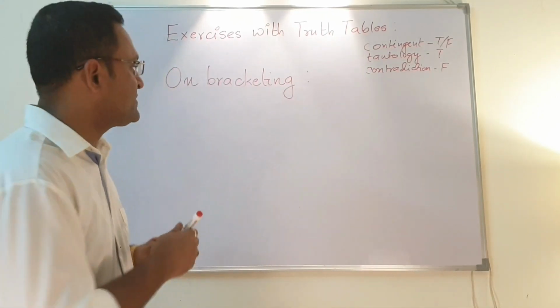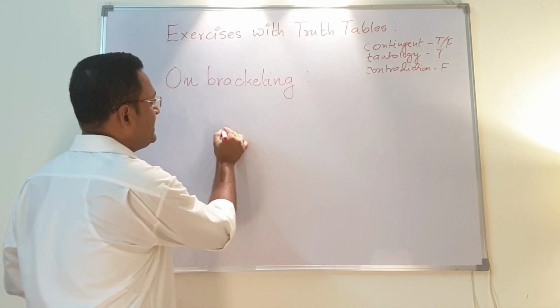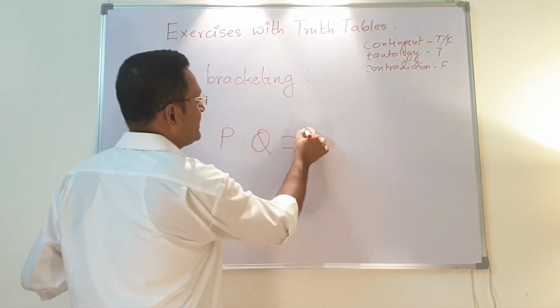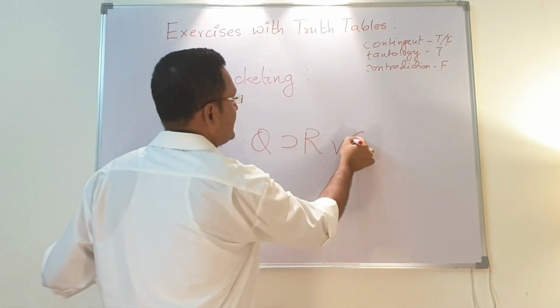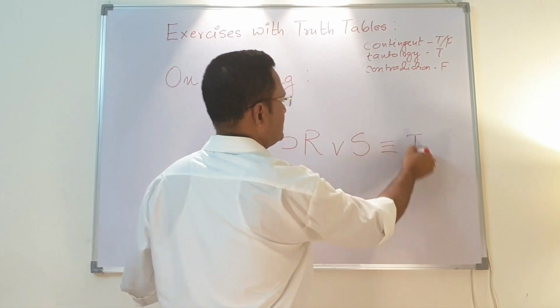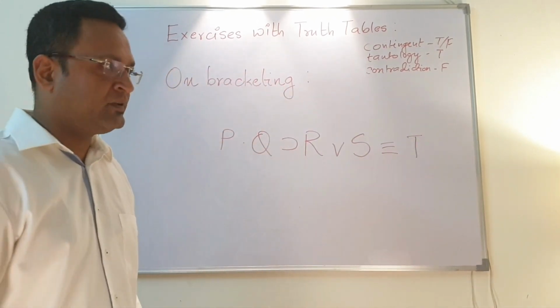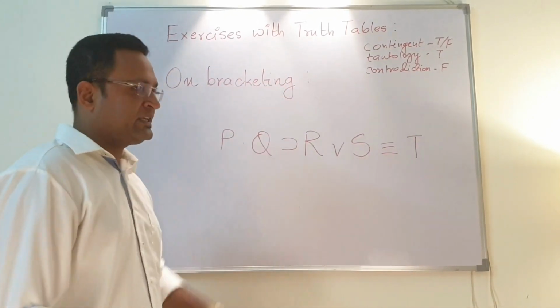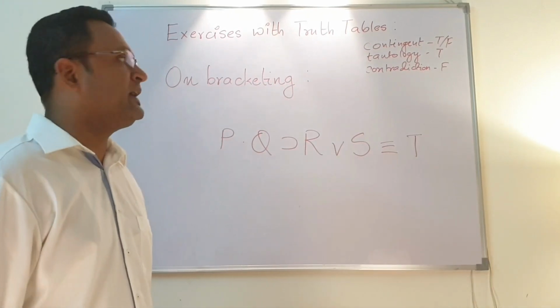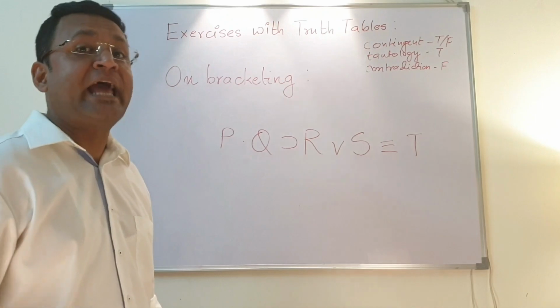Now suppose we have an expression like P dot Q implies R wedge S triple bar T. Somebody says to put brackets in an appropriate way so that this expression becomes unambiguous.